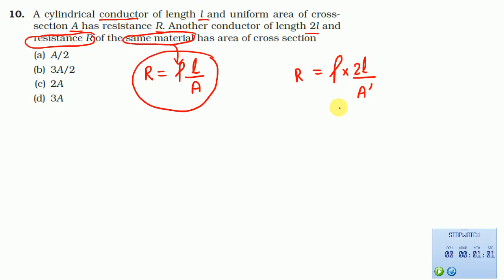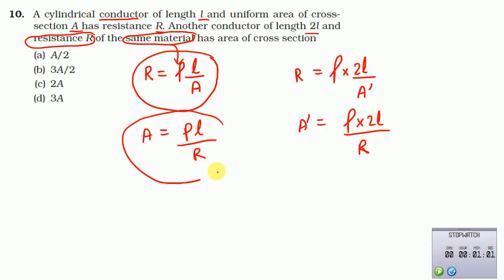I don't know A dash, I have to calculate it. So A dash will be equal to rho into 2L by R, and here A is equal to rho L by R. We have to compare A dash and A. We are just rearranging it.